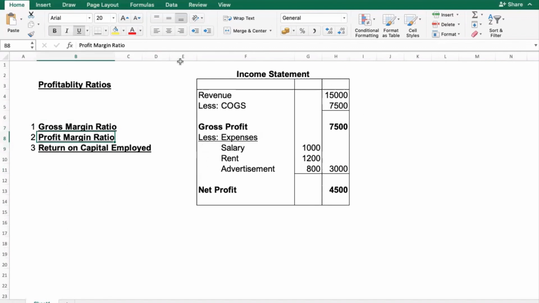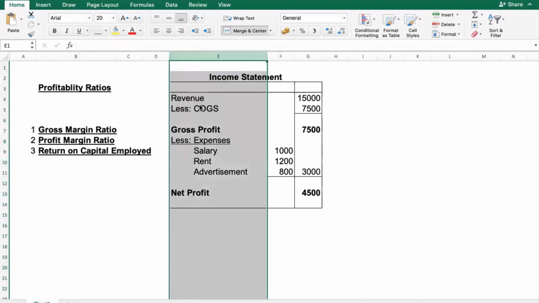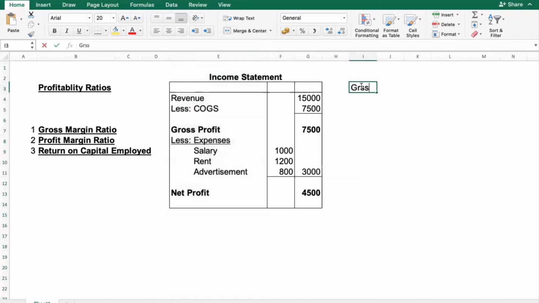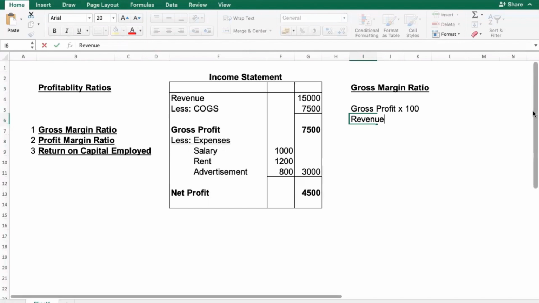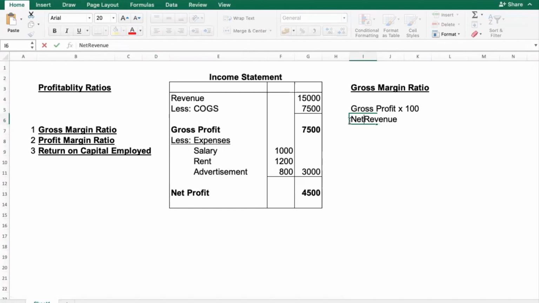The formula of the gross margin ratio is gross profit multiplied by 100 divided by net revenue. Net revenue means sales minus sales returns. Got it? Let me use this data.